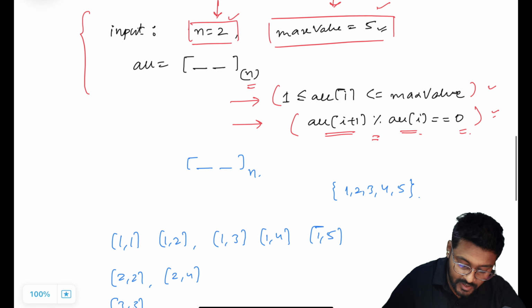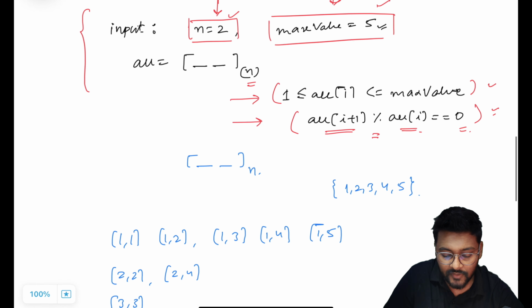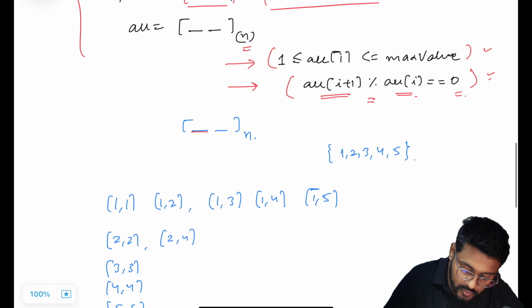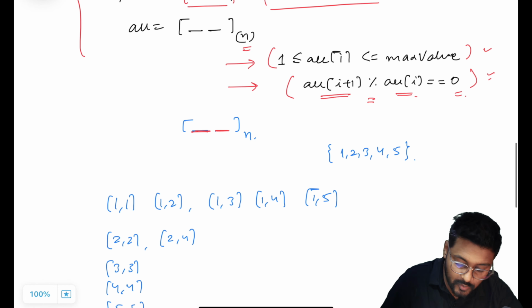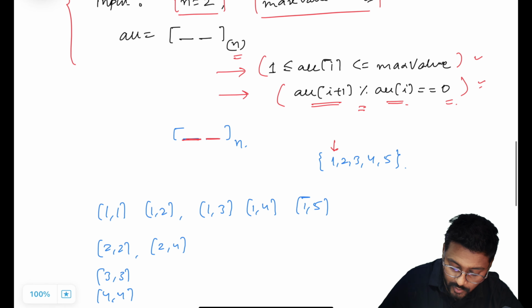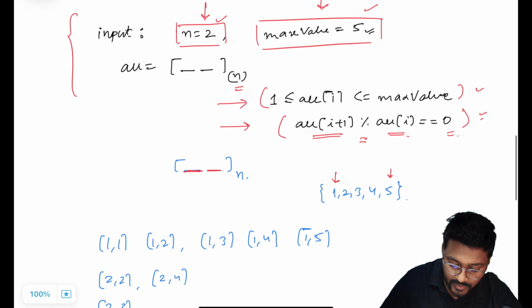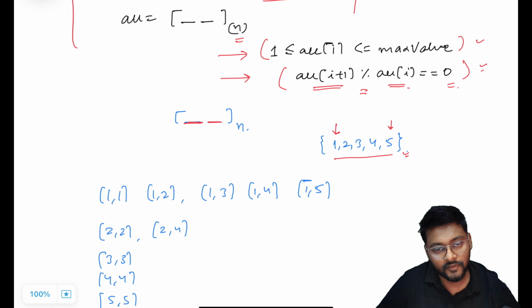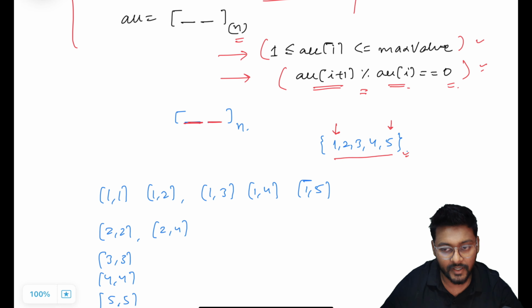Here let's try to see how many ideal arrays we can form of size 2. If it is a size of 2, it means we have two spaces to place the values, and the values will be from 1 to maxValue, as per the input example. So 1, 2, 3, 4, 5, these are the possible values that we can use to form the ideal array.